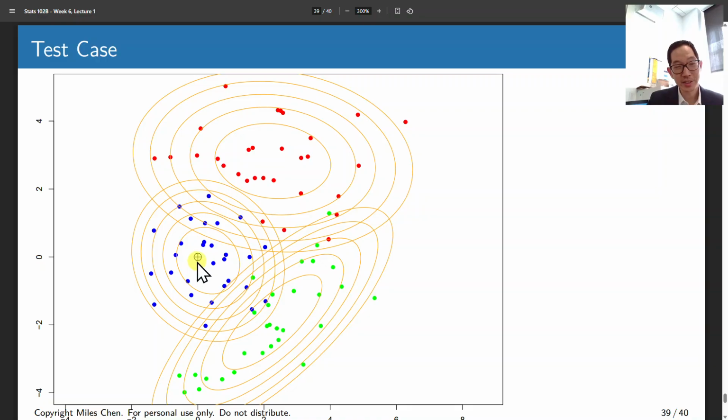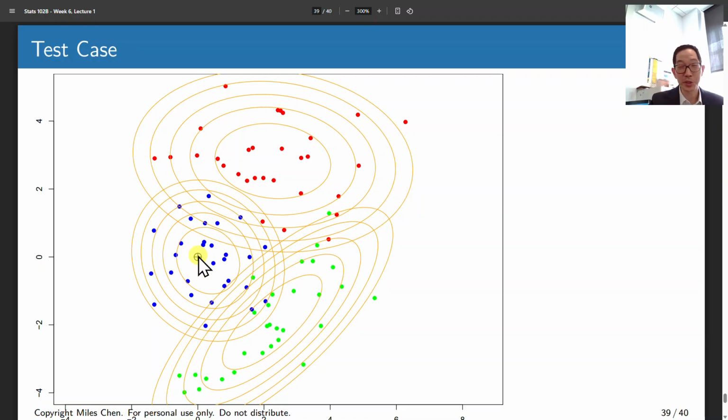We look at this and say, I'm quite confident it's going to be class B in blue. We're visualizing this, and that's fine, but can we use our Bayes classifier to give us that answer?